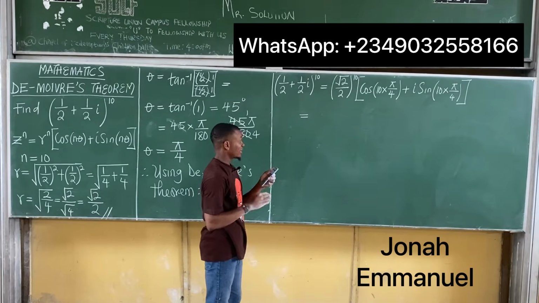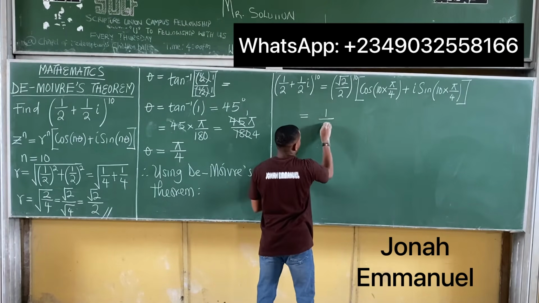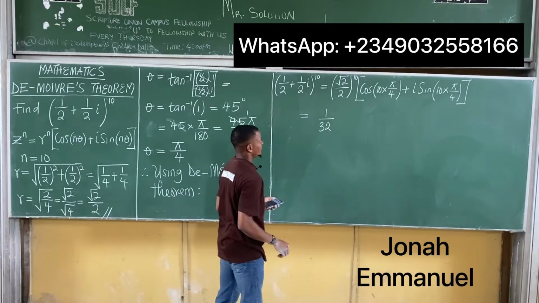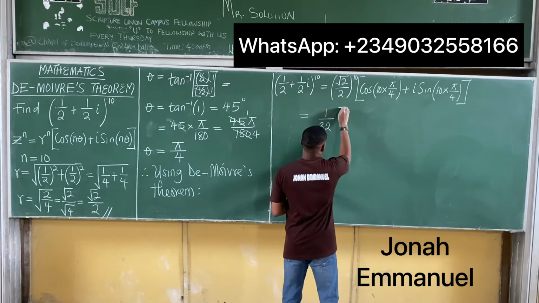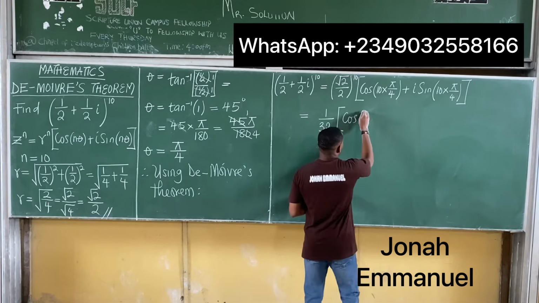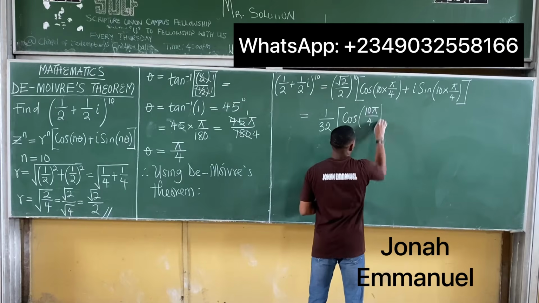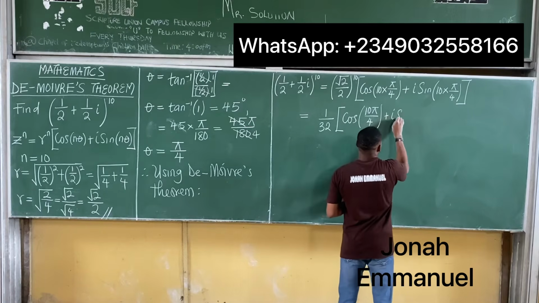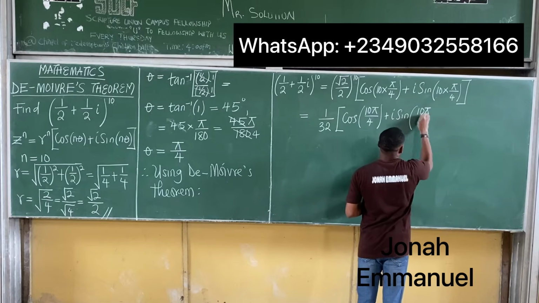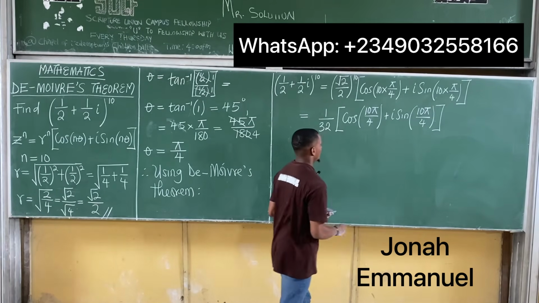If you punch this with the calculator, this would give you 1 all over 32. So you can go ahead and simplify this. Next up, I have cos 10 pi over 4 plus I sine 10 pi over 4.